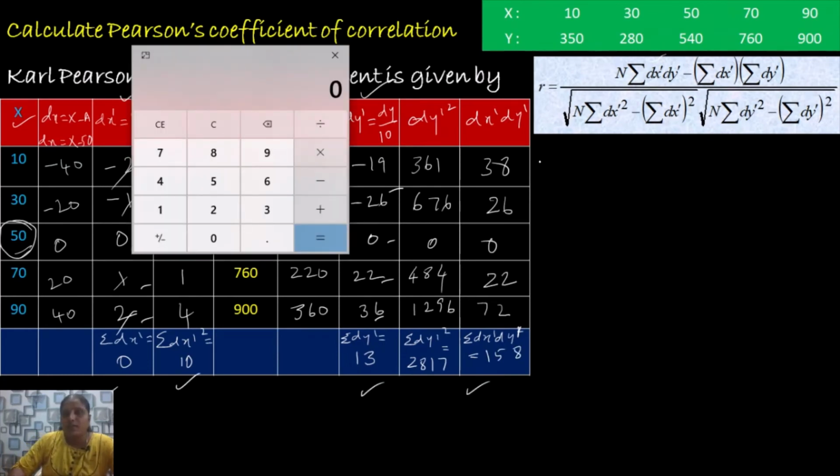Now substituting all these values in the given formula, n represents the total number of pairs of observations. Since we have 5 pairs: 1, 2, 3, 4, 5.